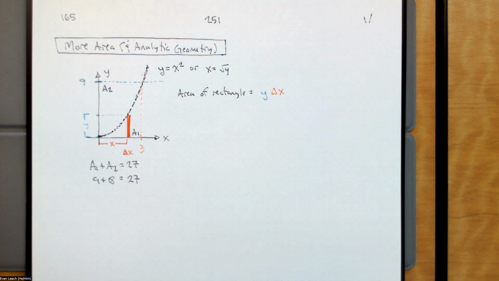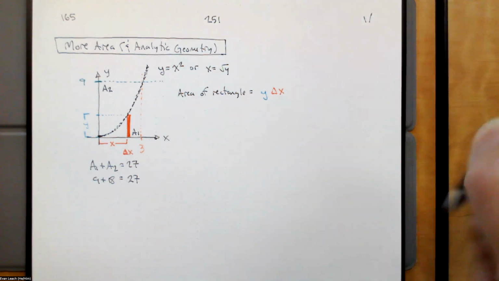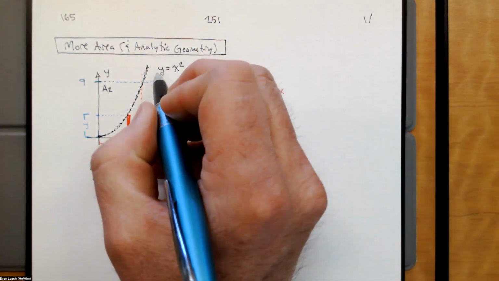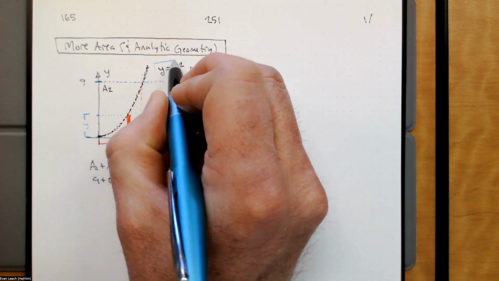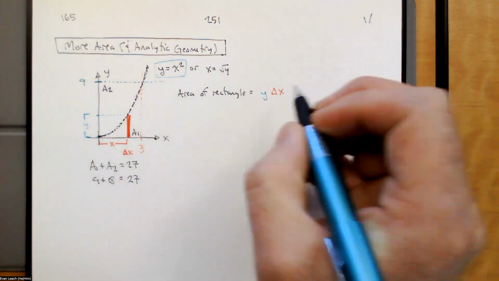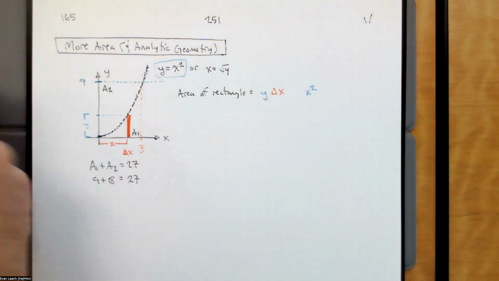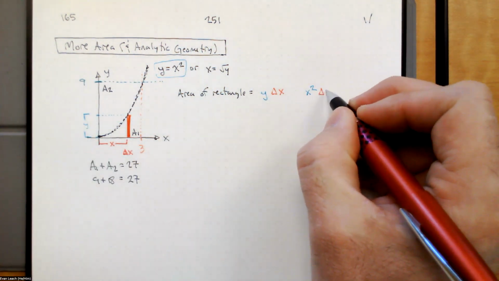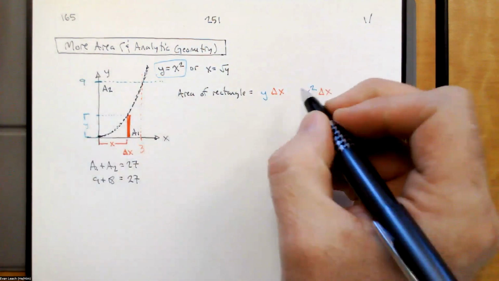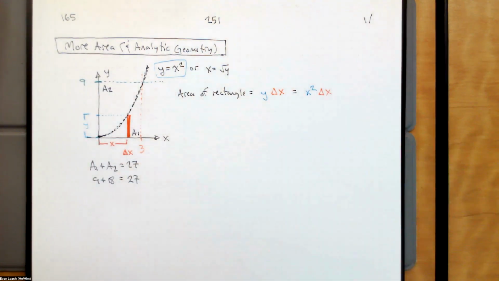But we can't integrate y dx, not in single variable calculus anyway. So we trade our y for a function of x. I have to use the fact that y is equal to x squared and replace my y with x squared. And so this is the area of the rectangle.